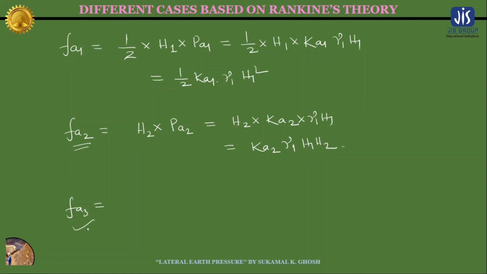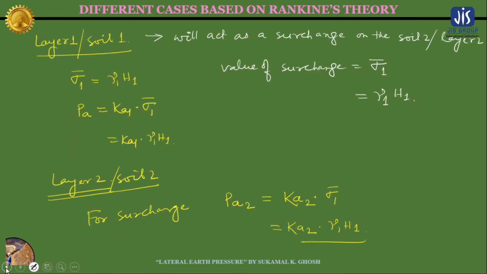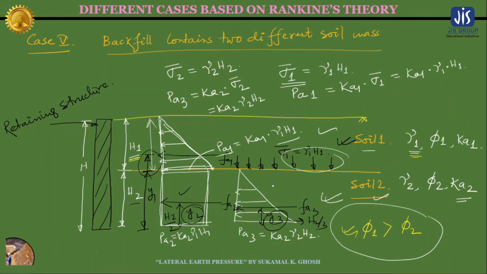Okay, and what will be the value of this Fa3? This Fa3 will be the area of this triangle, and the height of this triangle is H2 and the base width is Pa3, which is equal to K2 into gamma 2 into H2.